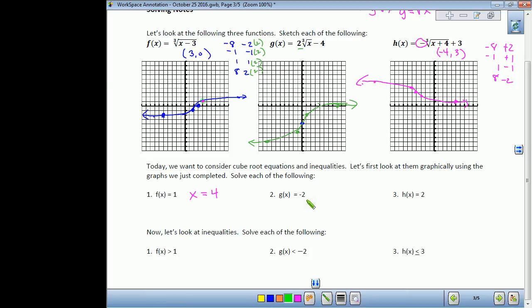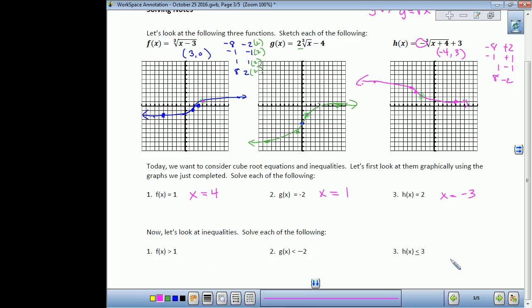Okay, where does this function equal -2? That would be right here. What is that x value? 1. Alright, where does this function equal +2? It's right there. What is that x value? -3. Okay, so that's when we have an equivalence.